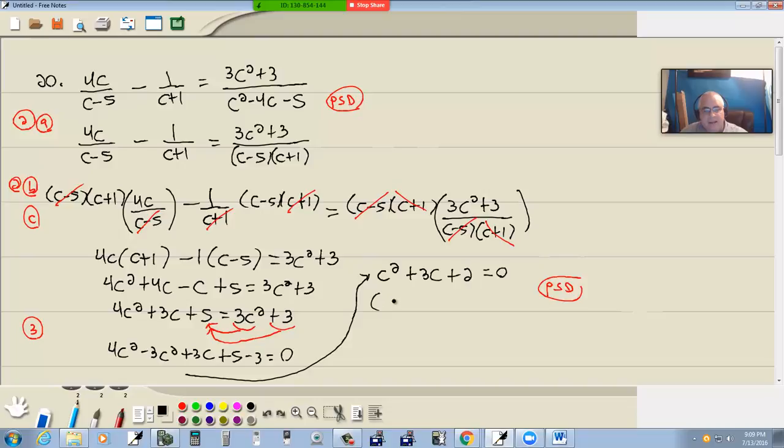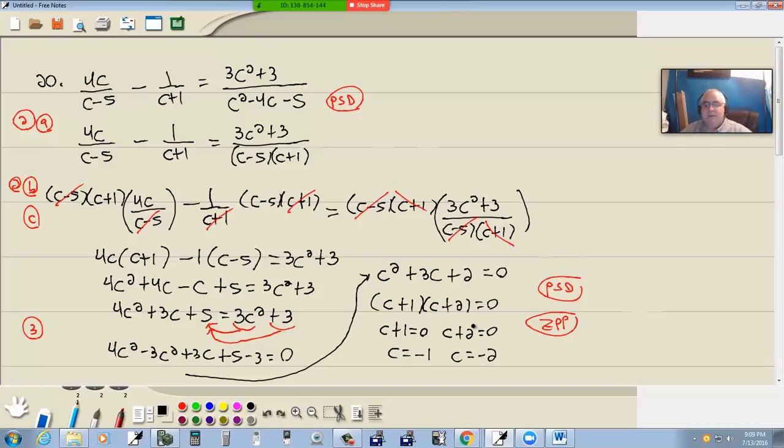And this factors as c plus 1 times c plus 2. Zero product property says you get 0 on one side, you factor the other side, you set each factor equal to 0. So I'll set c plus 1 equal to 0, c plus 2 equal to 0. And we get c is equal to negative 1 and c is equal to negative 2.